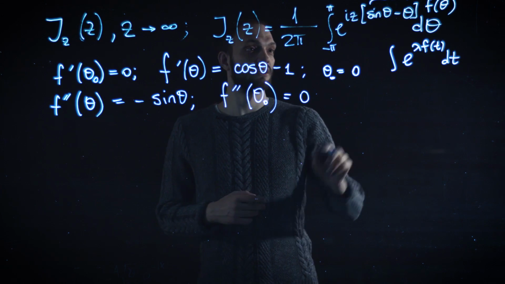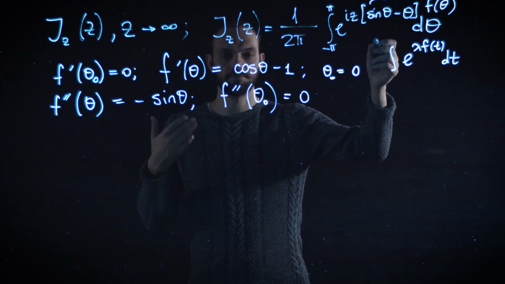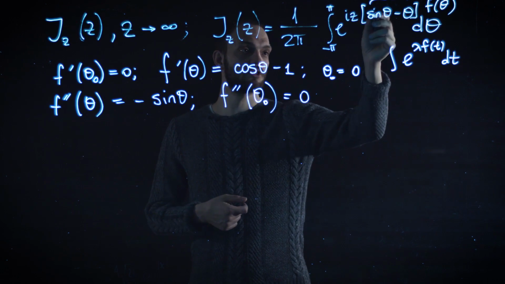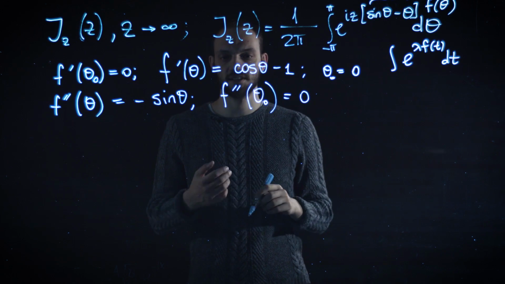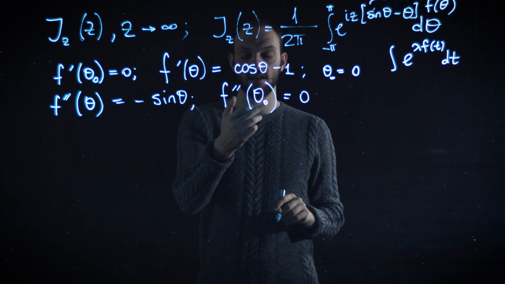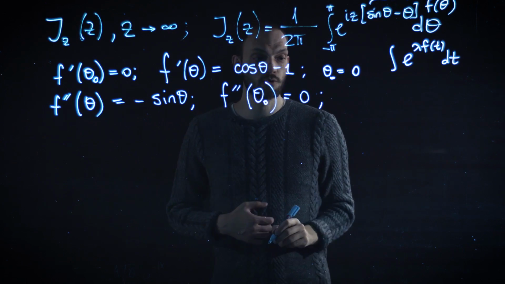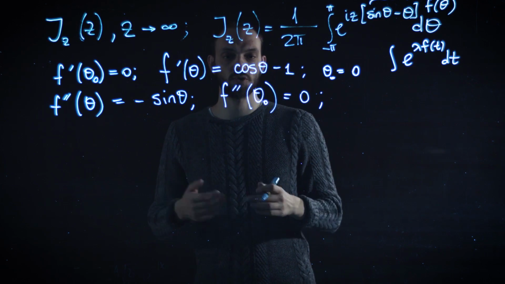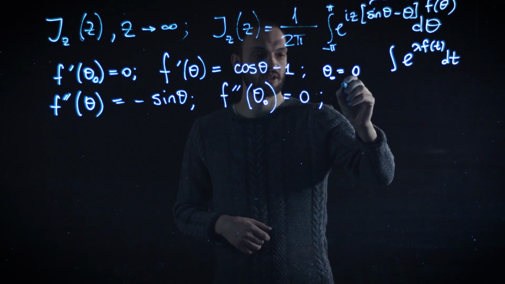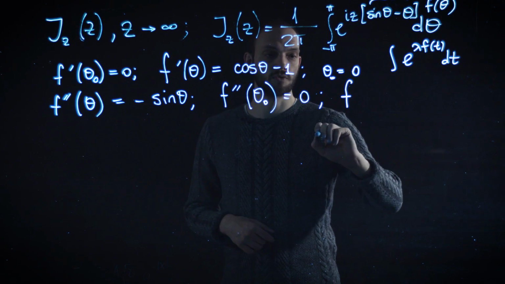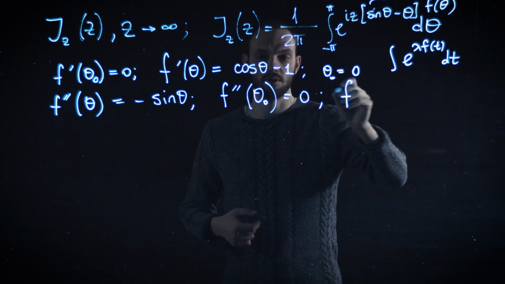So here we are. Before, we were dealing with a situation when this function was quadratic in deviations from the stationary point, and now we see that this quadratic part vanishes. Of course, this situation can be quite easily dealt with. What we need to do is just to look for the next term.